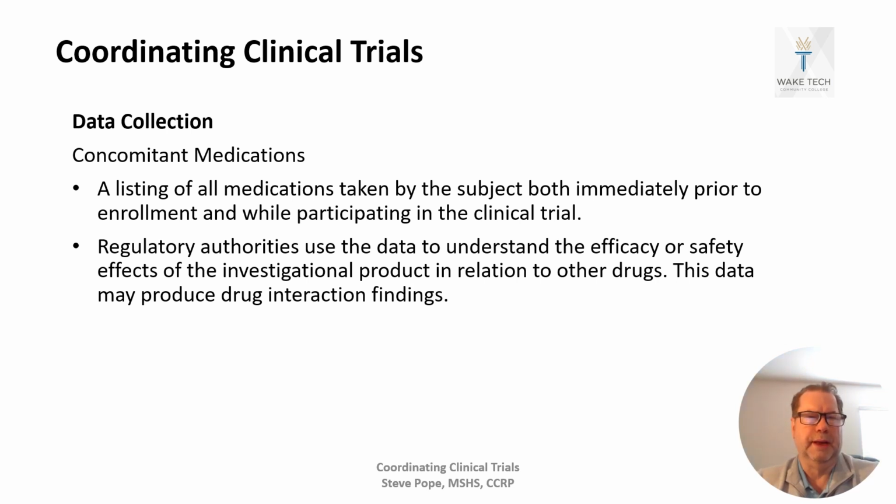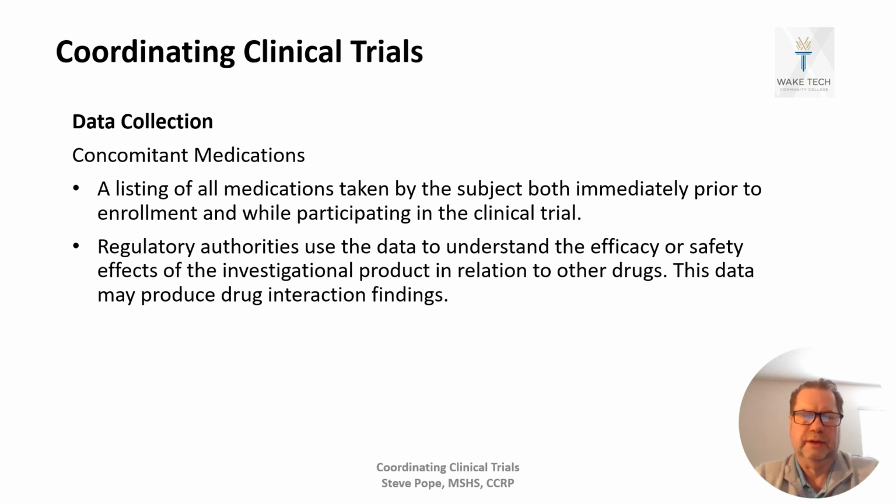So concomitant medications, these are going to be all the medications that the subject is taking during the trial. Depending on how they've got the protocol set up, they may want you to collect ConMeds from as far back as 90 days before they started the trial.